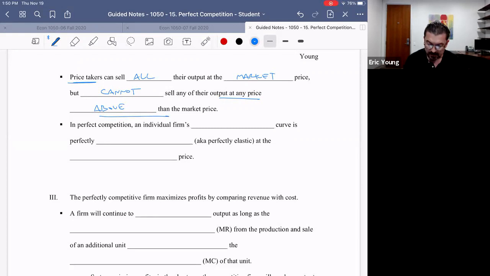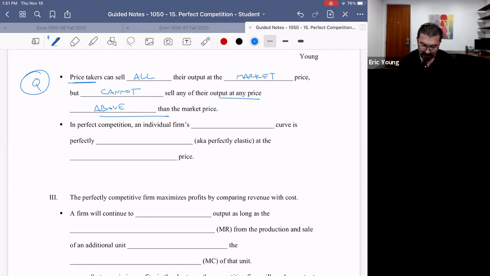So what this tells us, my friends, is that the firm's primary decision in a competitive structure is the Q question: how much to produce? Because the firm assumes we can produce and sell as much as we want as long as we charge the market price, and we won't sell any if we go above the market price.